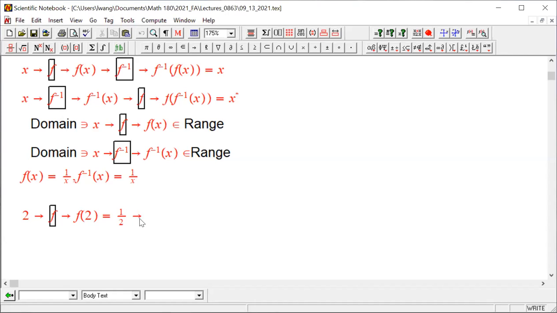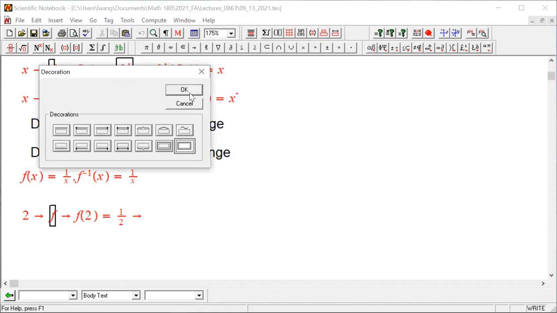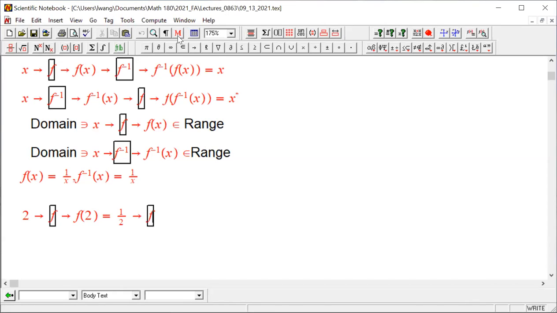Now I'm going to take this half and give it to f inverse. This rule. So what does it come out with? f inverse of half.